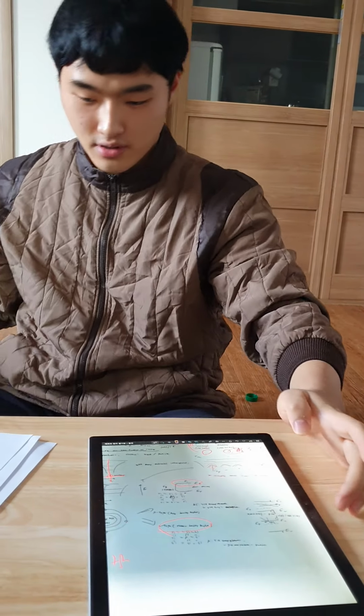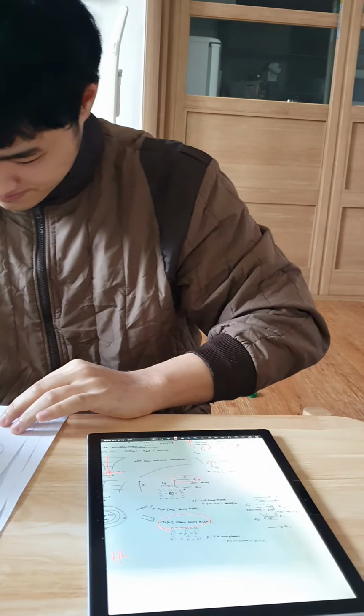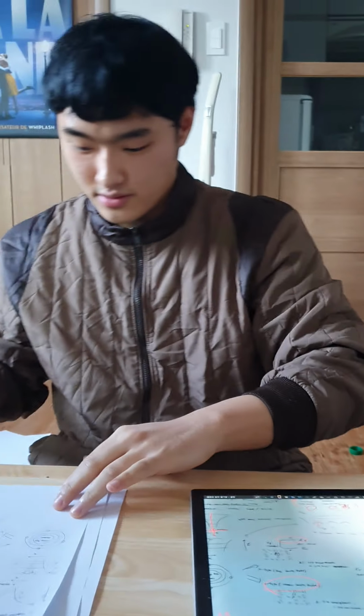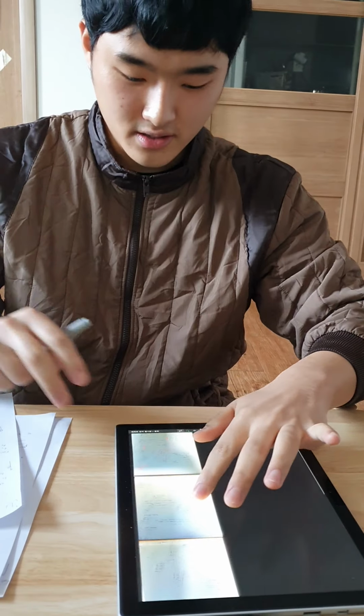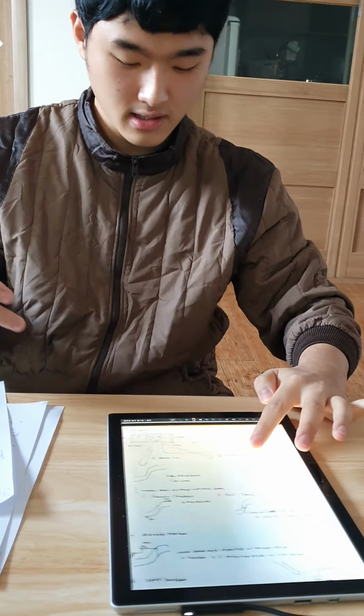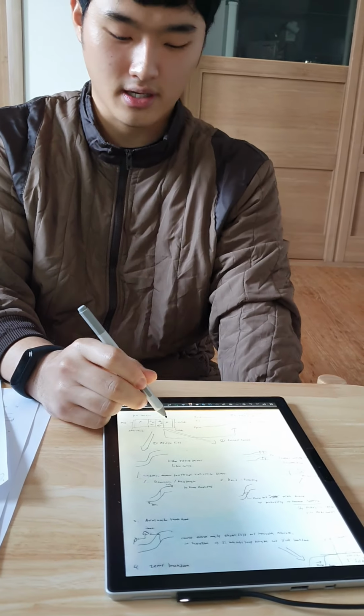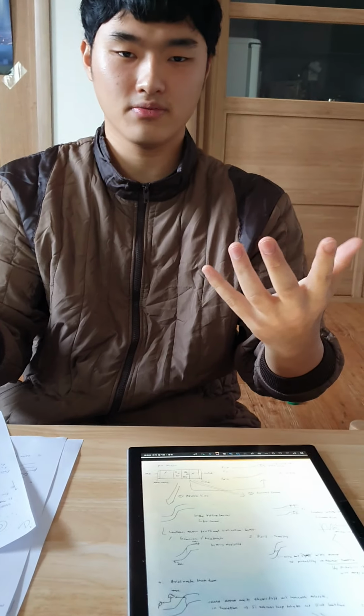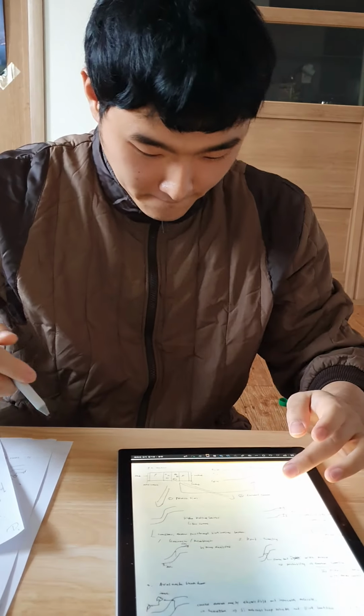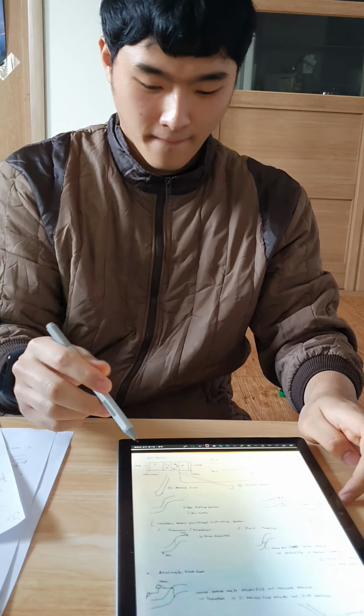Okay, so getting to the next page, we can see the p-n junction. What does it mean? The integration of P-type silicon and N-type silicon. So you see the graph.